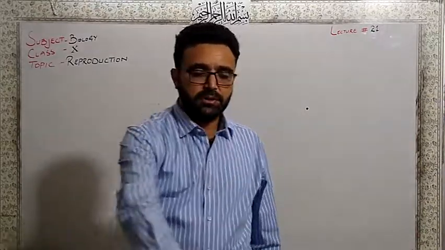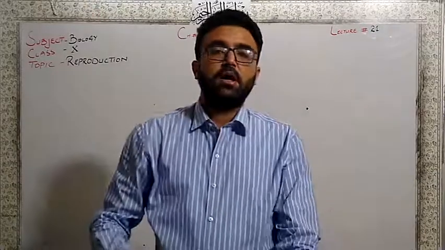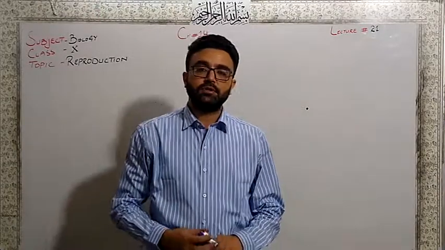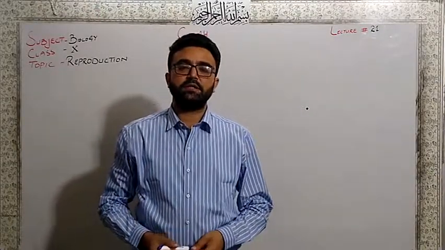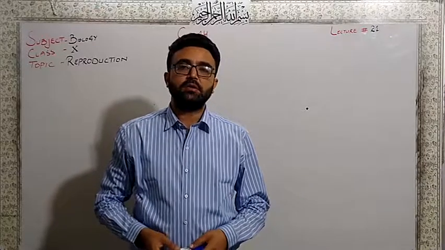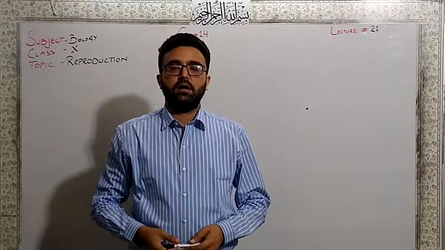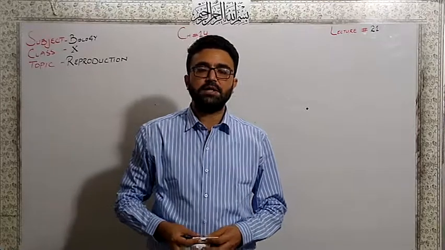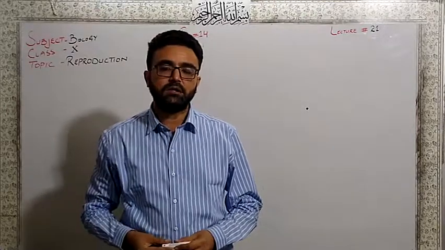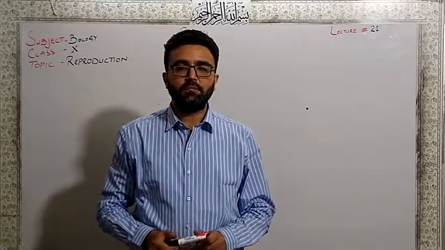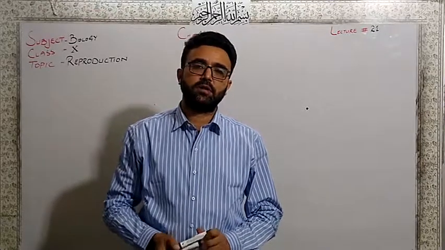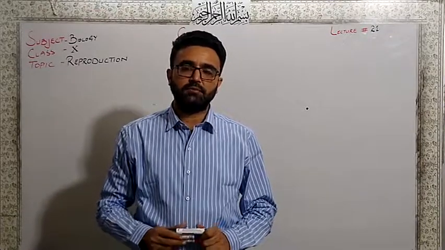My dear students, in our previous lecture, we started a new chapter, chapter 14, in which we discussed some asexual reproduction methods. And today we will start sexual reproduction in plants, and our main topic today is sexual reproduction in flowering plants.